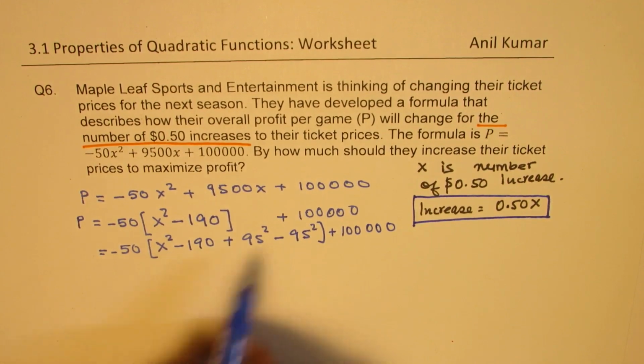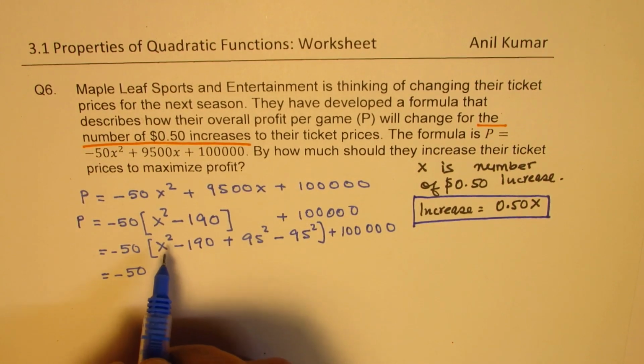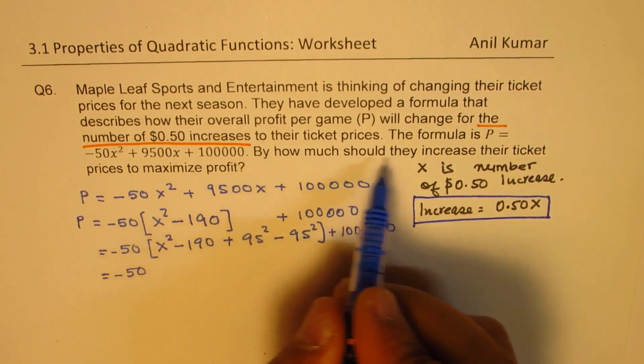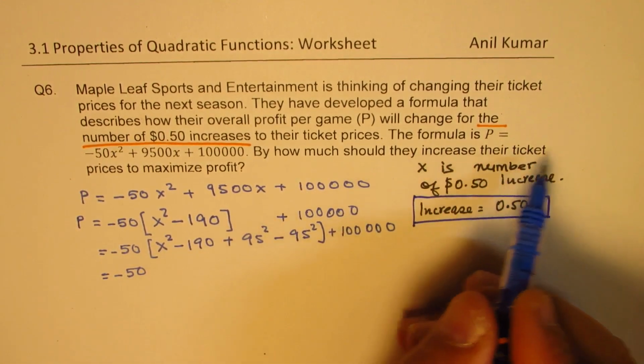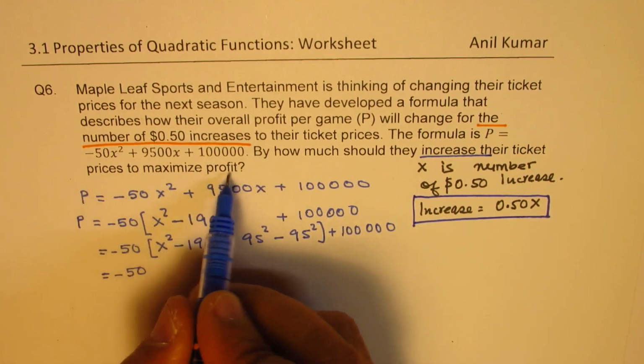We are only interested in completing this part to figure out what should be the increase in price. By how much should they increase their price? We only want the increase in price to maximize profit.